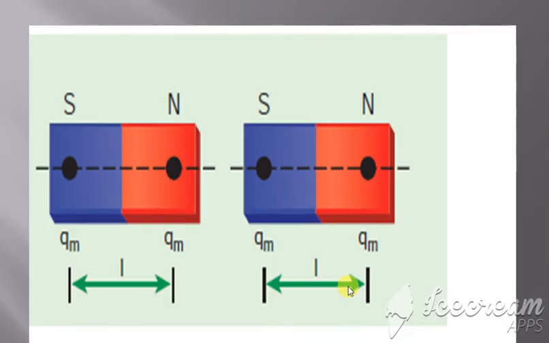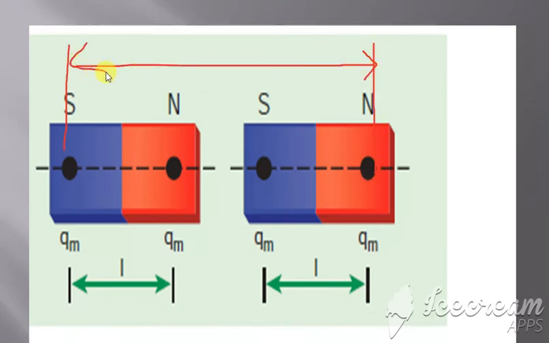Clear? This magnet is split into two like this, Qm, again Qm, but the full length from this point to this is given as 2L, is it not? In the first case we split the magnet along its length, so the length stays the same, only the Qm is different.